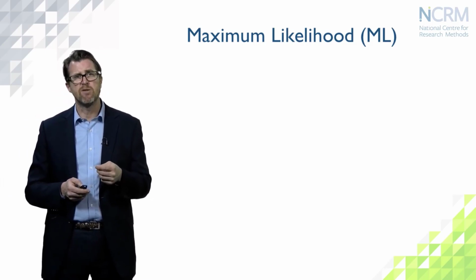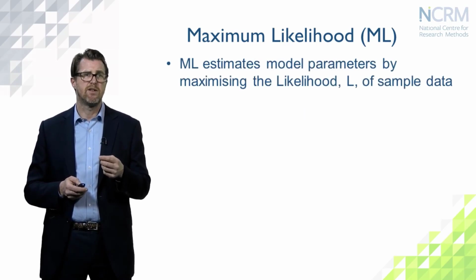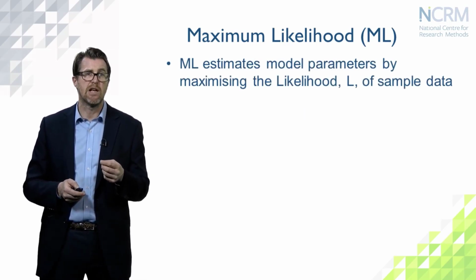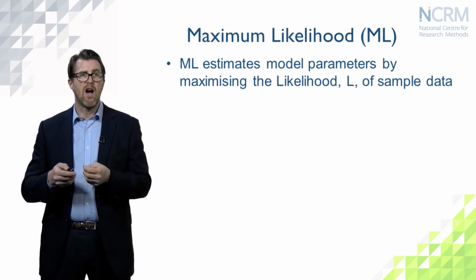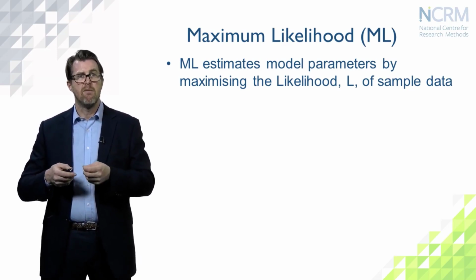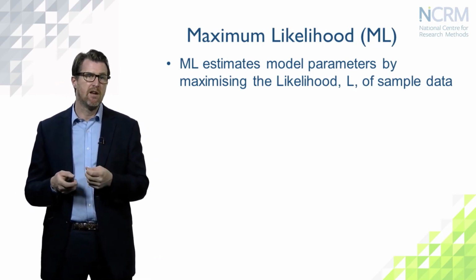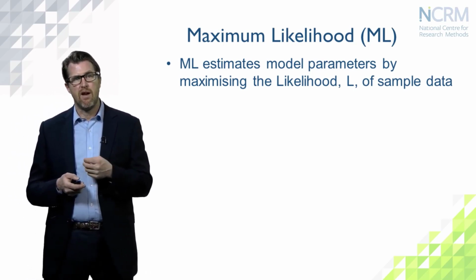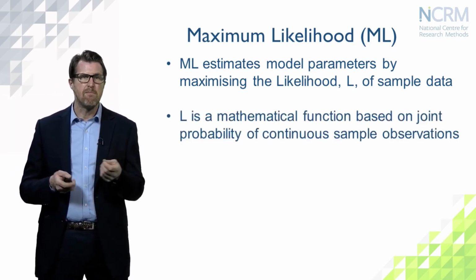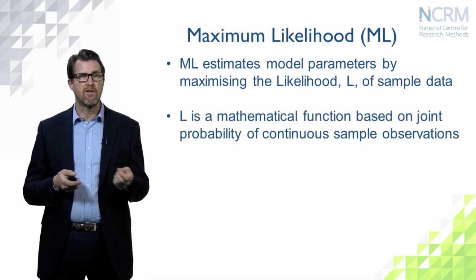In structural equation modeling, practice is mainly around using a technique called maximum likelihood. And maximum likelihood estimates the unknown model parameters by maximizing the likelihood, which we can denote L, of a particular sample of data. Now, the likelihood L is a mathematical function which is based on the joint probability of continuous sample observations.